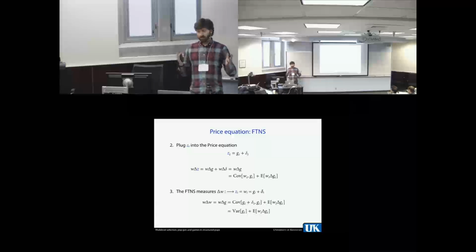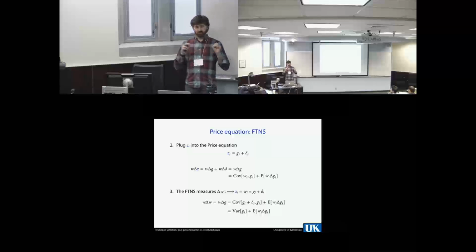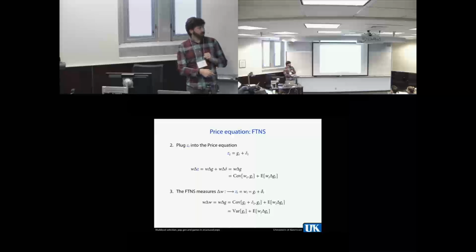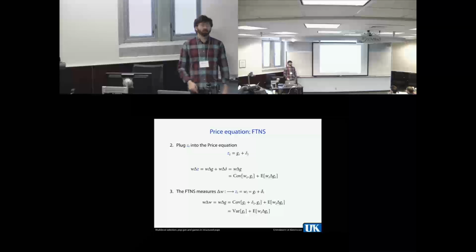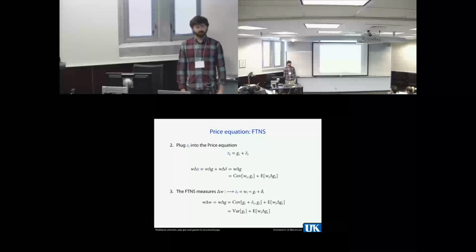Again, I guess the charitable interpretation is to say that when Fisher talked about the fundamental theorem, he was excluding this term, and that term captures any of these additional effects. So this is just the effect of selection due to additive effects of genes, and anything that's not an effect of selection due to additive effects is captured in the expectation term. But we know it has to be captured in one of these because we've written the change out exactly.